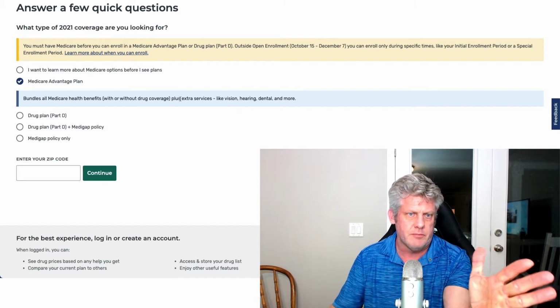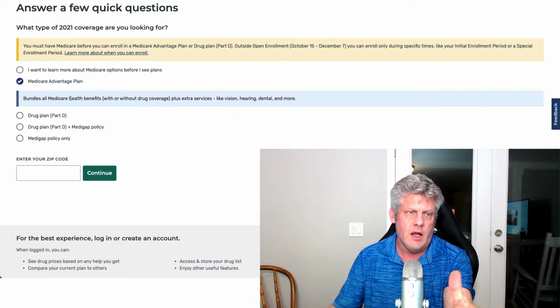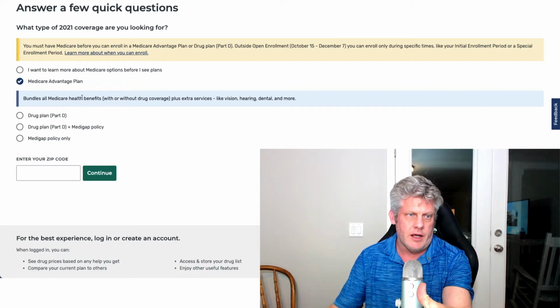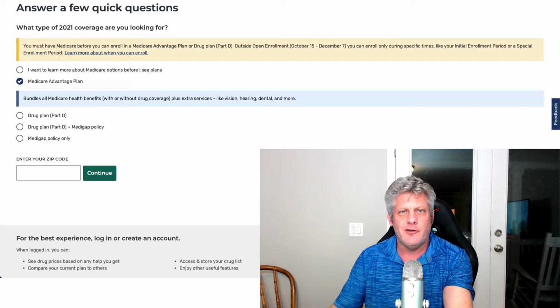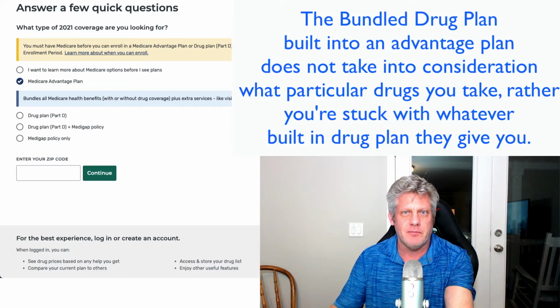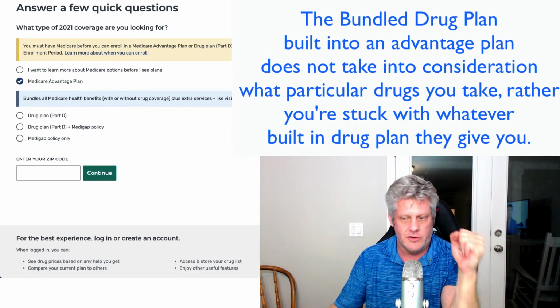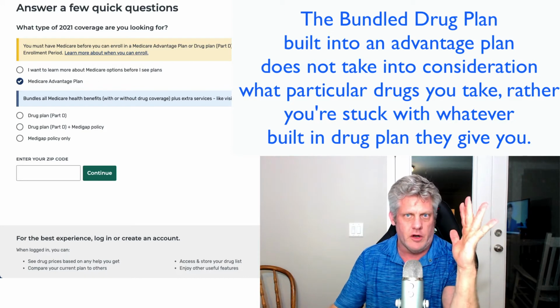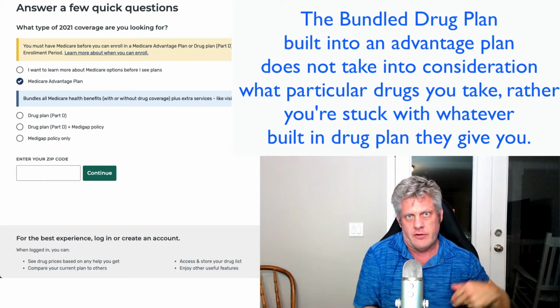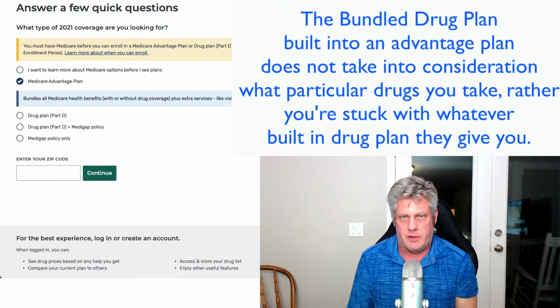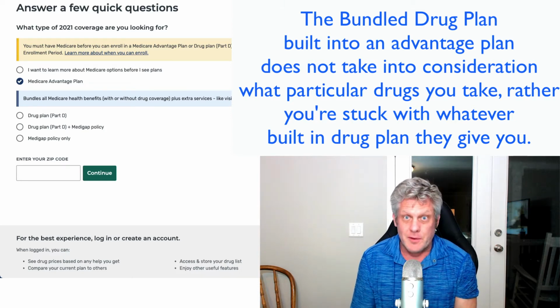But the thing I don't like about the Part D plan bundled into the Medicare Advantage plan is that you have absolutely no say in what kind of drug plan it is. The insurance company gives you a plain vanilla drug plan, bundles it into the zero premium Advantage plan, and you're stuck with that.